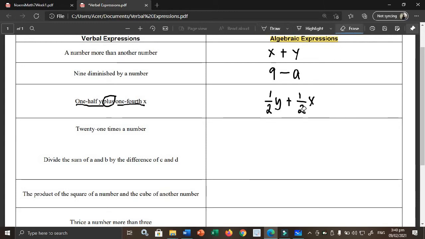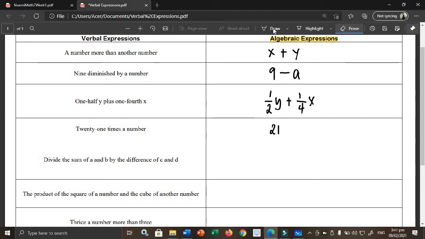Sorry, it's 1/4. So 1/2 y plus 1/4 x. And then the fourth one, we have 21 times a number. So we have 21.